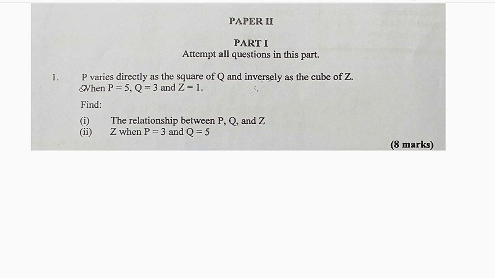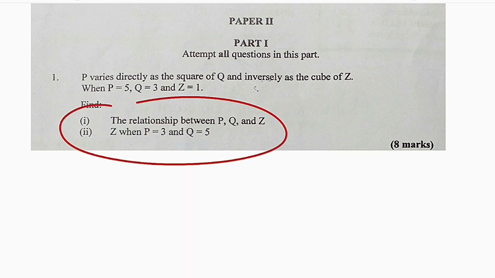Question number 1 reads, P varies directly as the square of Q and inversely as the cube of Z. When P is equal to 5, Q equal to 3, and Z equal to 1. Let us write the relationship before we come back to the questions.